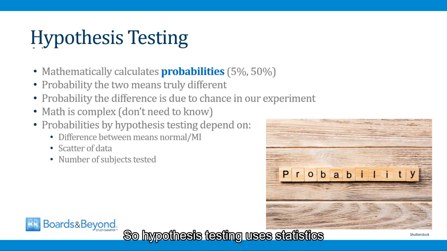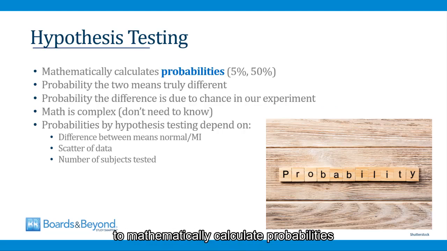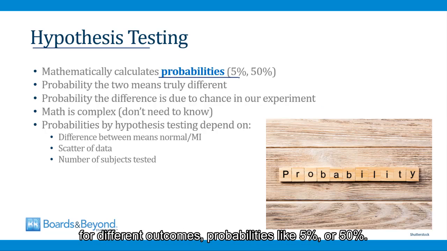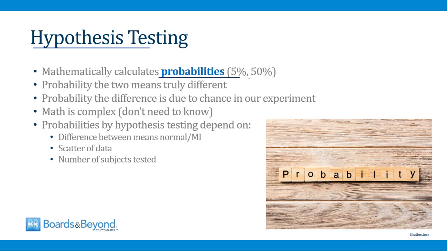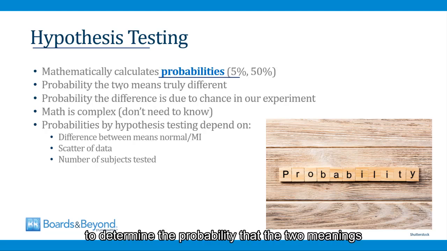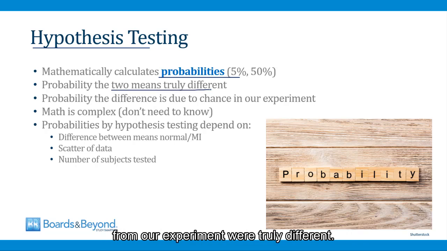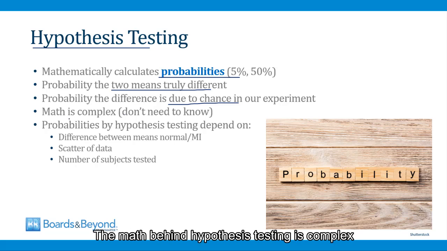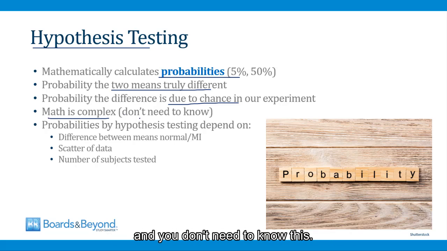So hypothesis testing uses statistics to mathematically calculate probabilities for different outcomes, probabilities like 5% or 50%. So we can use hypothesis testing to determine the probability that the two means from our experiment were truly different. Maybe the probability of that being the case is 50% or 80% or 20%. And we can also determine the probability that the difference is due to chance. The math behind hypothesis testing is complex, and you don't need to know this.